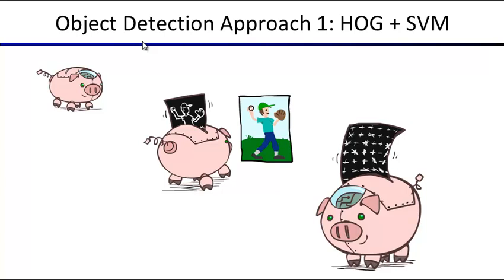What does that mean? HOG is this thing that looks at an image and shown over here. So your HOG will look at an image, will run an edge extractor on your image. What does that mean, to run an edge extractor? That means that you take in the image, and you look at a pixel and essentially take the derivative at that pixel, both to the left and to the right, top and bottom.